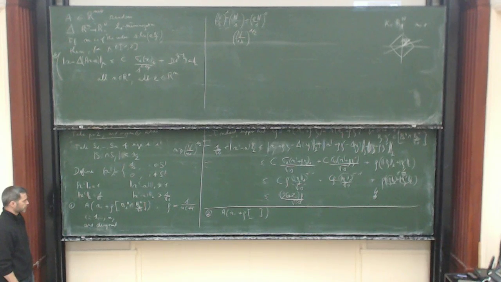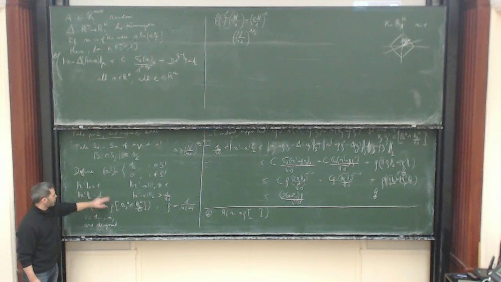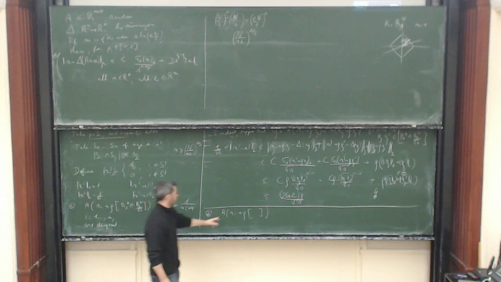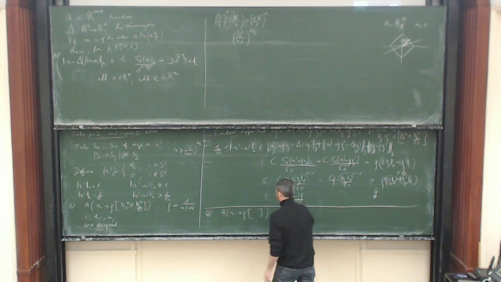This is the intersection of balls. Now xi itself is in the L1 ball intersection the L2 ball of radius 1 over square root of s. Okay, so xi plus rho times that.